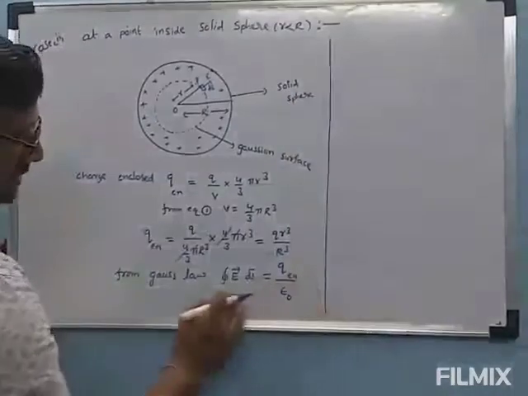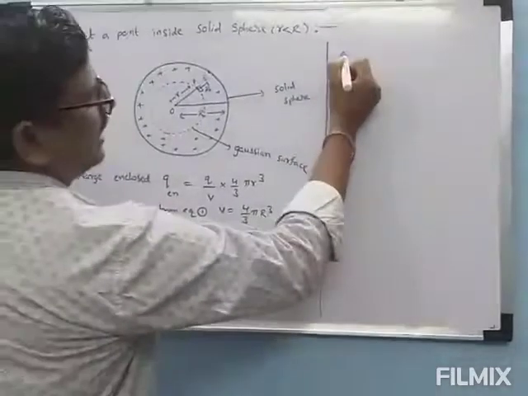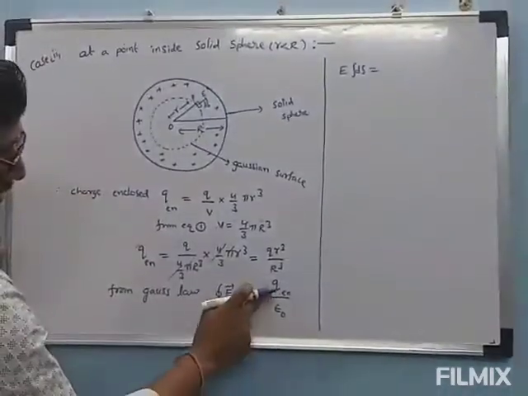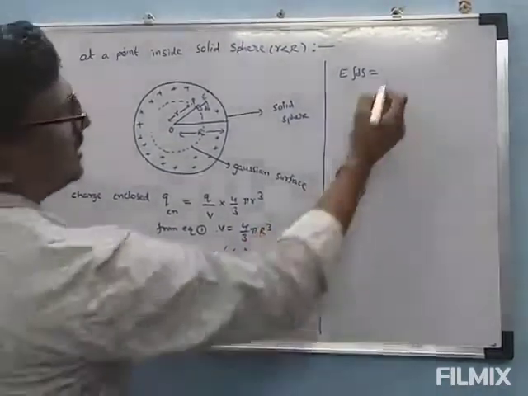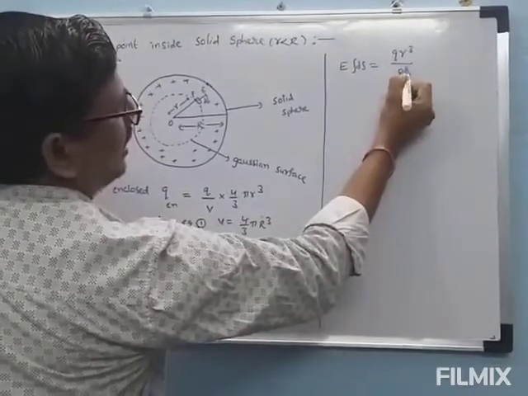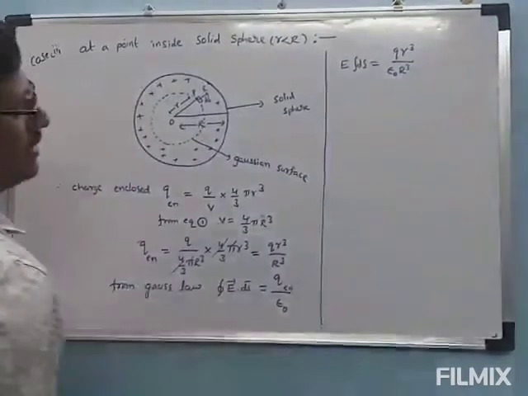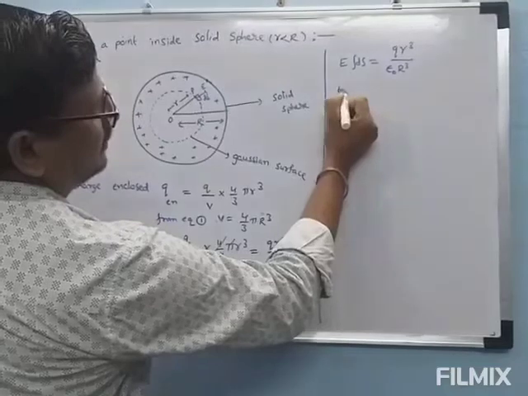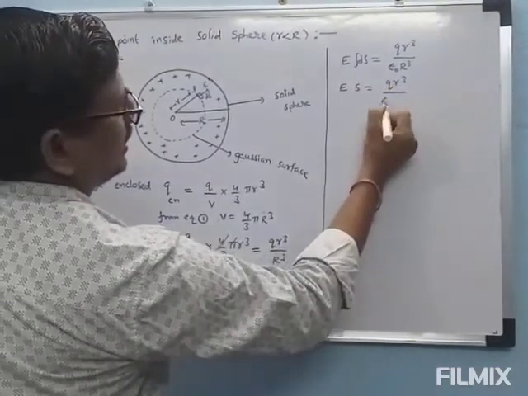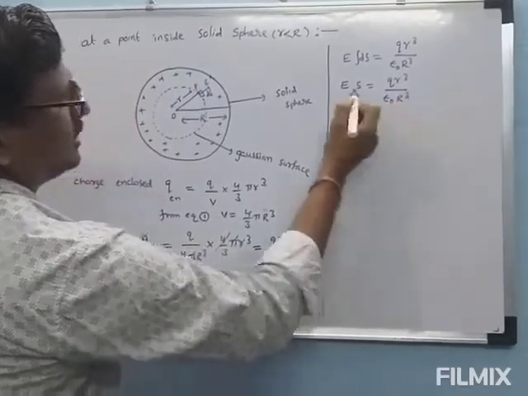Now we can write that the electric field is constant, so write it before the integration. Integration of ds is equal to the charge enclosed. How much is the value here? Q r cube by capital R cube into epsilon naught. So E times the integration of ds is equal to Q into r cube by epsilon naught into capital R cube.